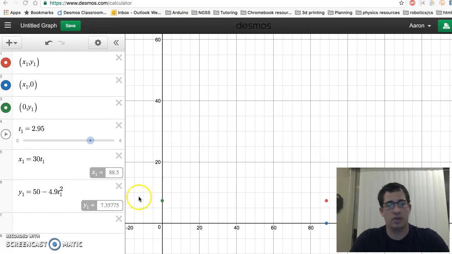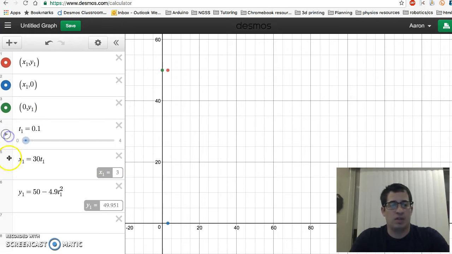Here I added 50, so it'd start up at 50 instead of starting from 0, but everything else is the same. I can now use these two functions to run this program that shows the motion of the projectile and also allows us to map the y and the x along those axes. So this is one example of how this can be useful.